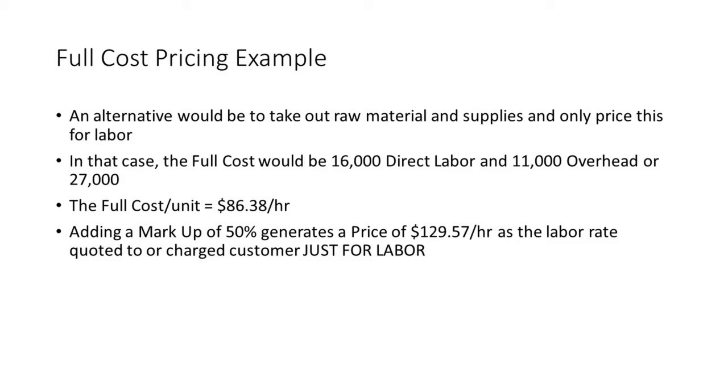Now, if we just decide to add a markup of 50% to that cost basis, then that generates a price of $129.57 per hour as the labor rate that we will quote or charge to a customer just for labor. Now, you can choose whatever markup you want to use. I just picked 50% here because it's easy to calculate. But the idea is, once we have the full cost unit basis, the cost per hour, then we can add the markup, and that gives us the price.